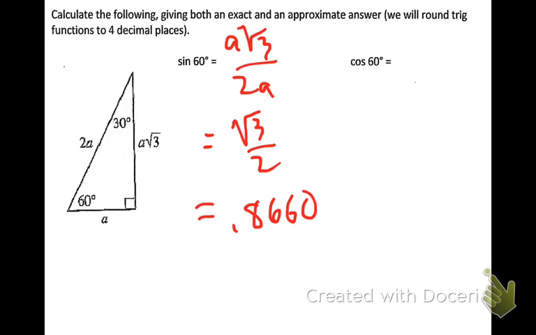Carmen, what is the cosine of 60 degrees in this problem? Okay, 60 degrees. We do the adjacent over the hypotenuse. What's adjacent to angle 60?